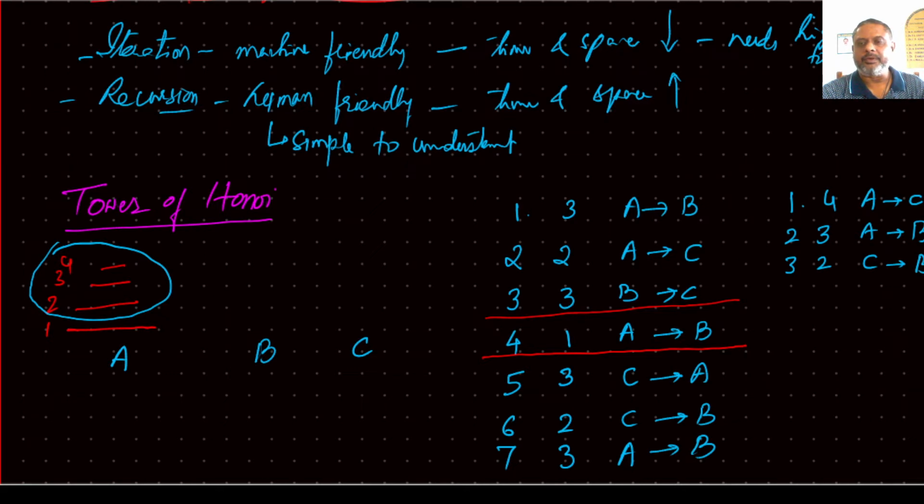So instead of A to B, now we are making A to C, A to B, because we wanted to shift this whole thing here. After doing this, what has happened is the 2 has come at the bottom, then we have 3 here, then we have 4 here. Done. What next?